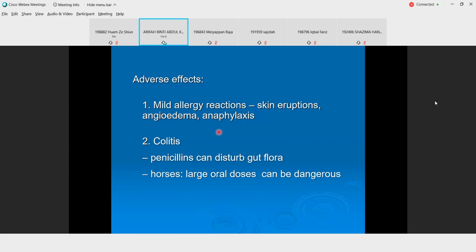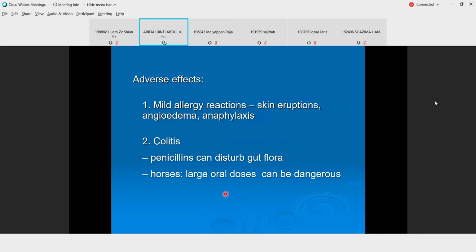The other side effect would be colitis. Penicillin can disturb the gut flora. In horses, large doses can be dangerous because they will disturb the microflora in the horses. These microbes are used to digest food in the horses.